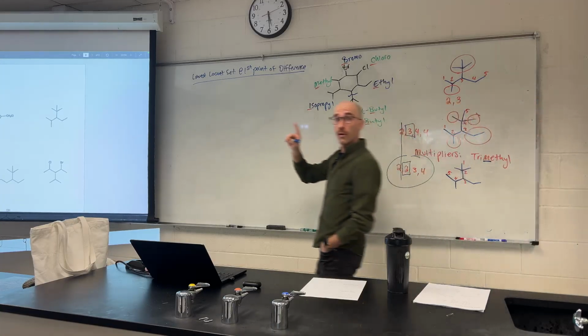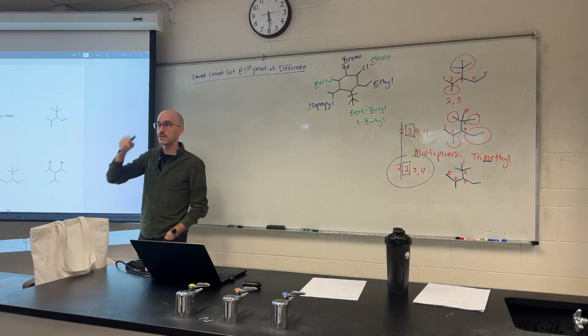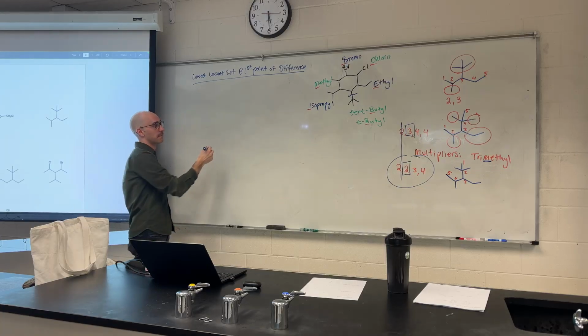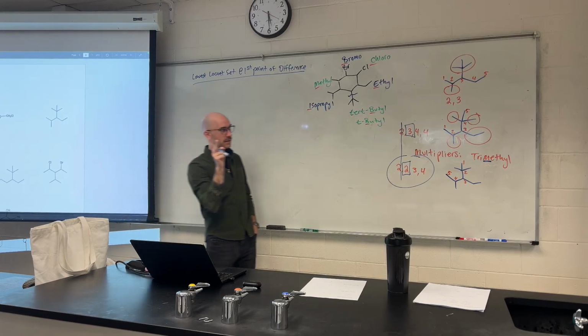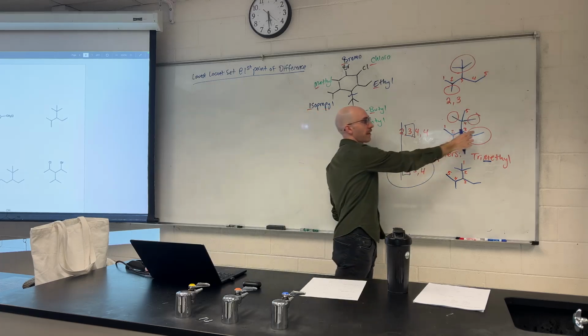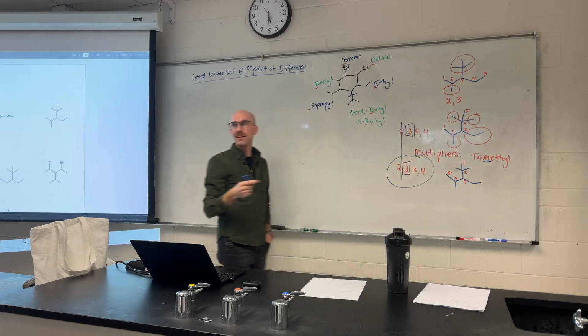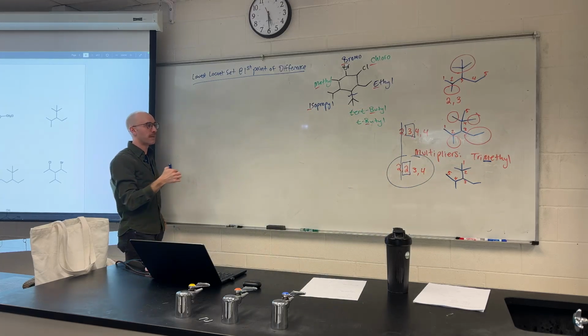Okay, so once we have the lowest locant set, we alphabetize the name. I only have 2 types of substituents. I have ethyl and I have methyl. Ethyl comes first alphabetically.